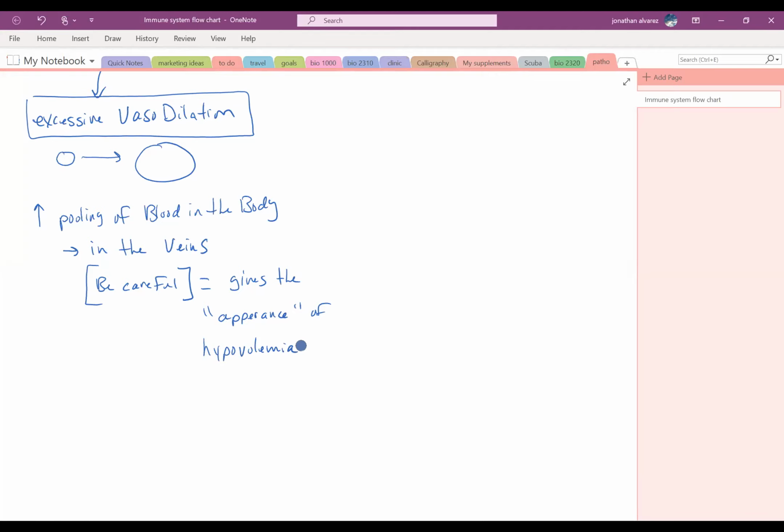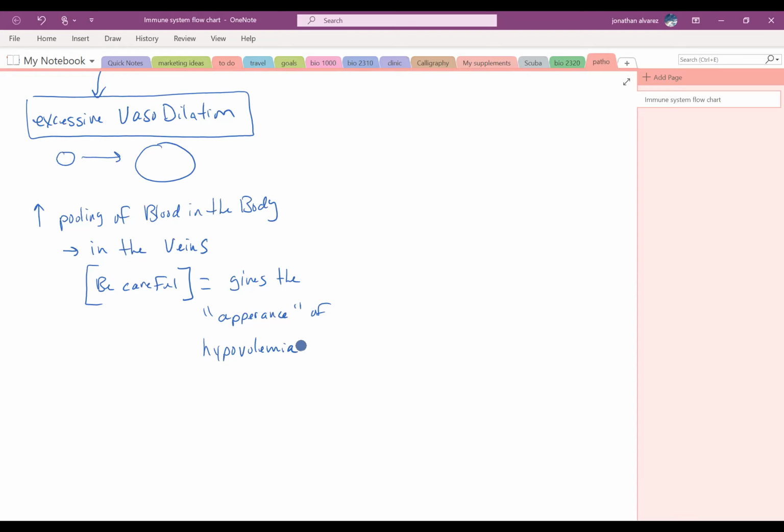Now veins are very expandable. When you compare a vein to an artery, veins are more flimsy and more collapsible. They're kind of like a balloon.